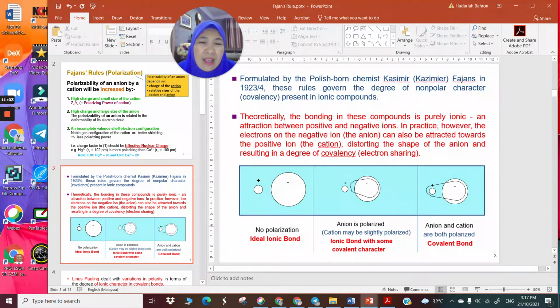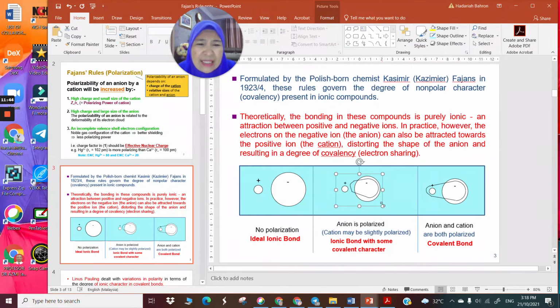And when the cation becomes smaller, remember the polarizing power of a cation increases as the cation becomes smaller. When the cation becomes smaller, it has more power to pull electrons from the anion towards itself. So the anion becomes polarized by the cation. And maybe sometimes the cation also undergoes a little bit of shape distortion or polarization, but only slightly.